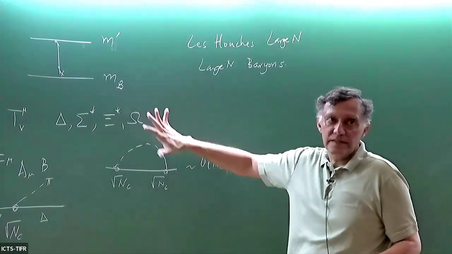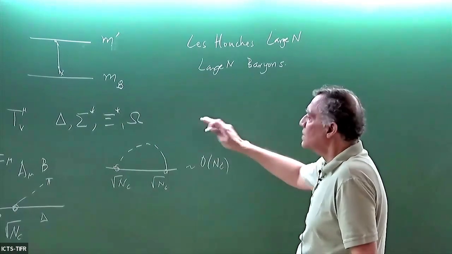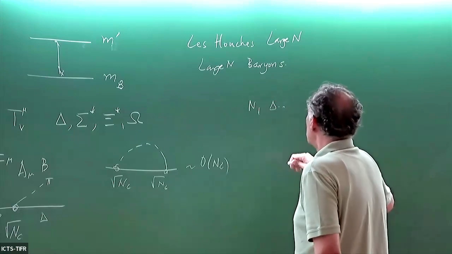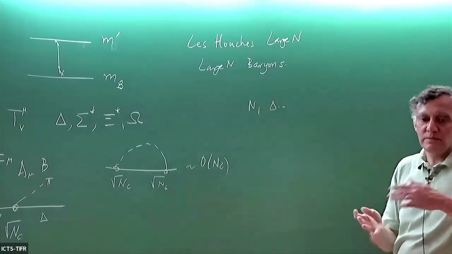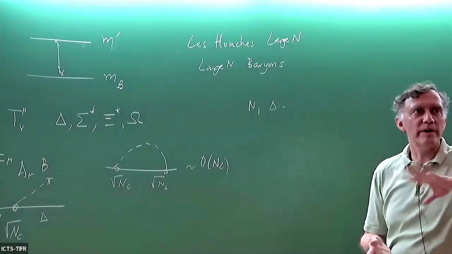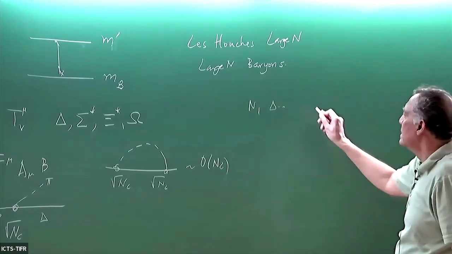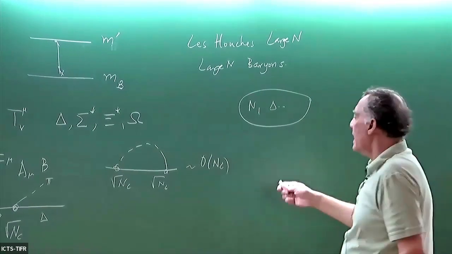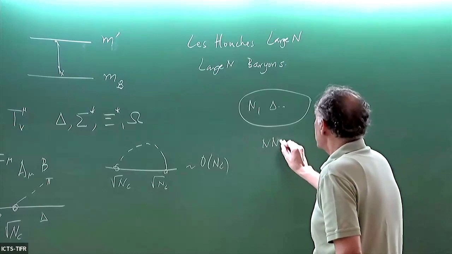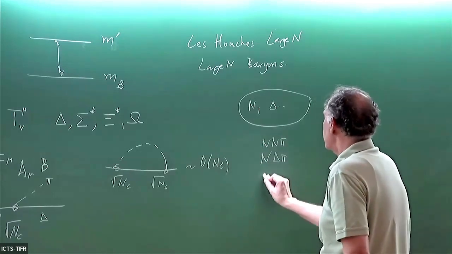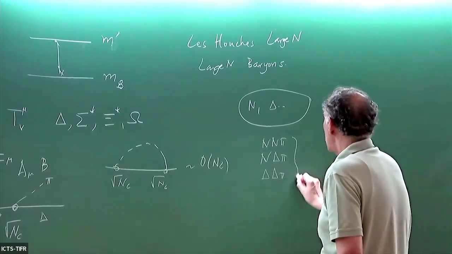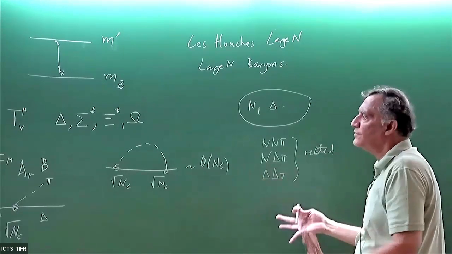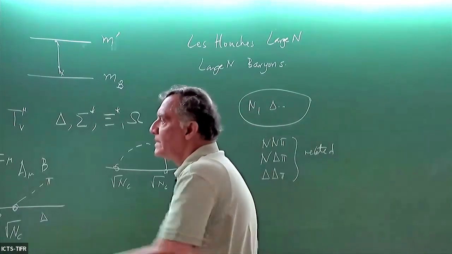What large N does is it puts the nucleons and the deltas into a multiplet. Essentially, if you think of the Skyrme model, you get an infinite tower of states. Anyway, we were able to show there was a symmetry of QCD where all of these things form one irreducible representation, and the NN pi couplings, the N delta pi couplings and the delta delta pi couplings are all related by the symmetry. So there's no extra free parameter; there's one free parameter.